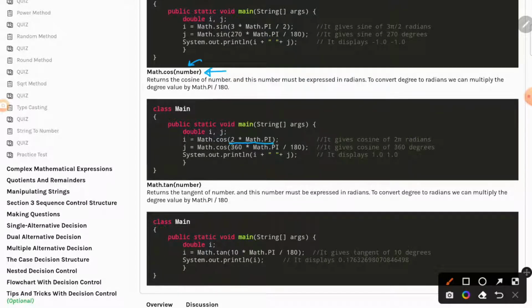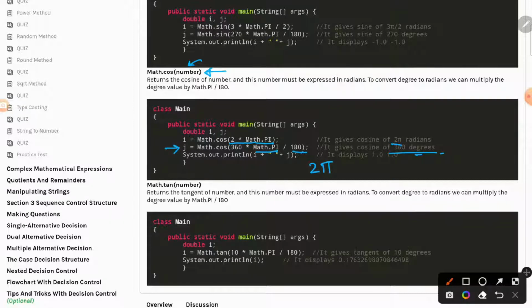So you always use a radian value 2 multiplied by math.pi to calculate for 2 pi. Or if you want to use the cosine of the degrees, you can convert that into radians, which is 360 multiplied by math.pi divided by 180, which is nothing but 2 pi. And then you can get the value back.